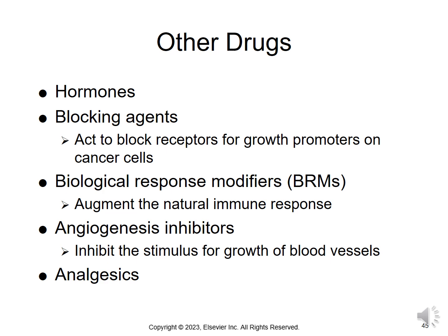Biologic response modifiers are agents that can help the natural immune system respond better to improve surveillance and remove abnormal cells. Included in this group are a natural product of human cells called interferon and BCG, which is the vaccine for tuberculosis.